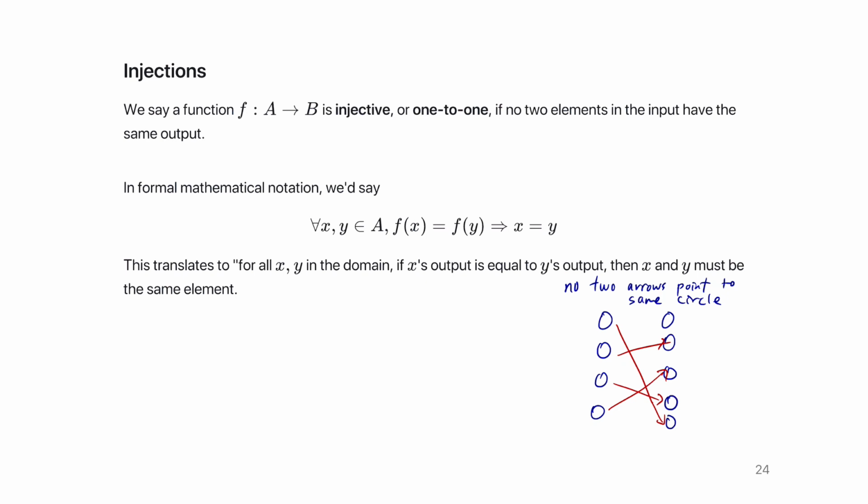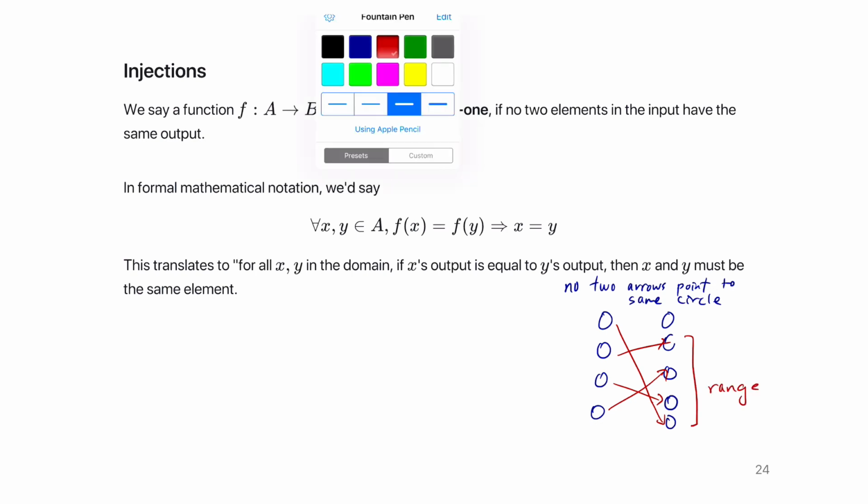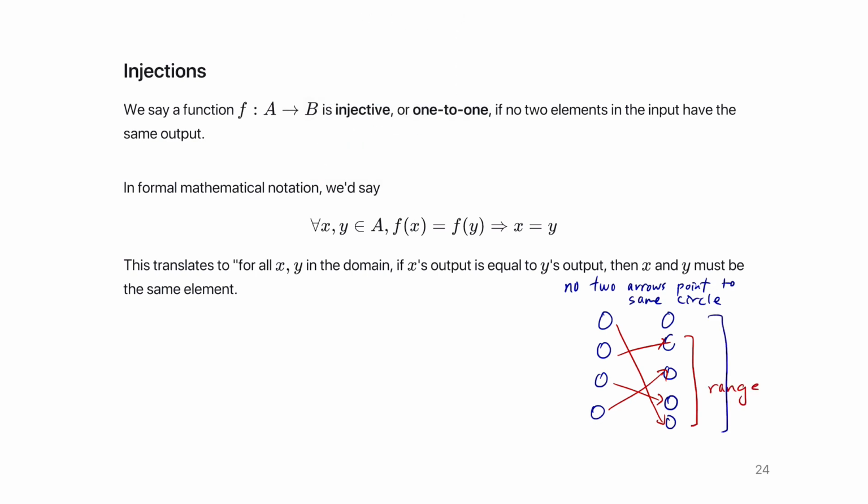No. In the definition of a function, we never said that every output has to be hit. That's why there's a distinction between codomain and range. Codomain is all possible outputs. The range is all actually hit outputs. So I guess just to reinforce it, we can say this is the range, while this entire thing is the codomain.